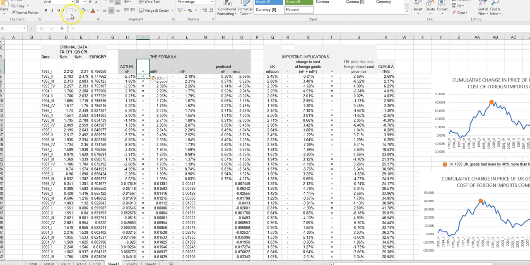This relates this data to the formula. I've taken the trouble to put in the equal sign and the minus sign to show how the data is being treated.